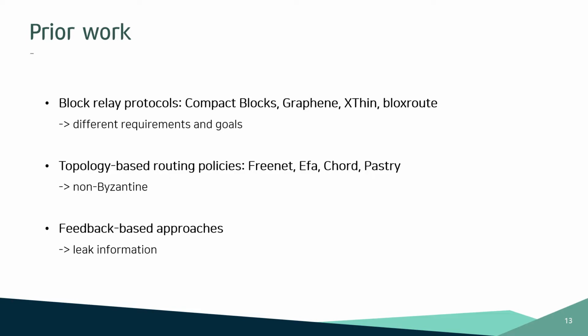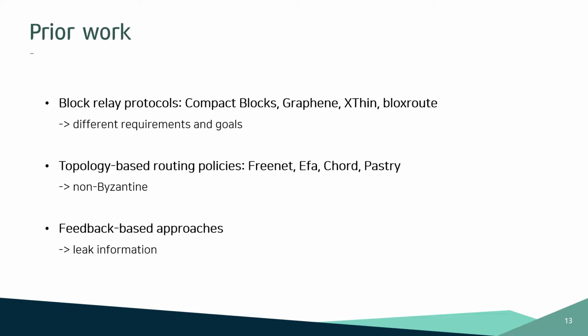Topology-based routing policy is a traditional routing methodology that cannot be used here because it assumes a non-Byzantine situation, but blockchain assumes a Byzantine situation, so this does not match our problem.